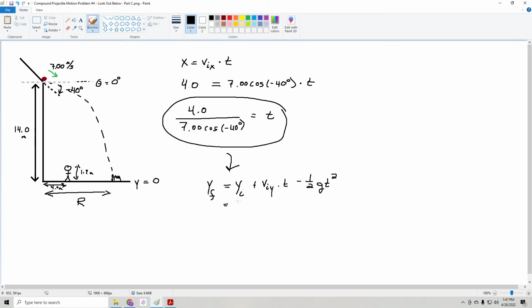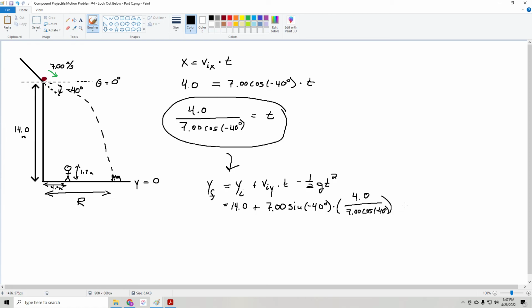What are we going to plug in here? Well, the initial y position of the snowball, remember, was 14.0, and the initial y component of the velocity was 7.00 sine of negative 40 degrees. And for t, I'm plugging in that expression of 4.0 over 7 cosine of negative 40.